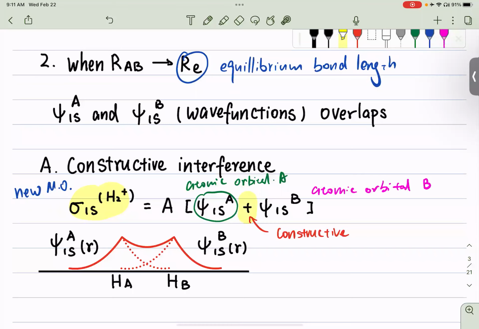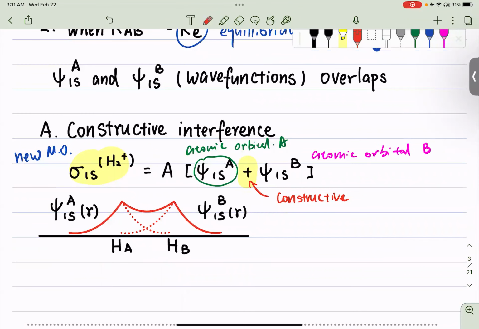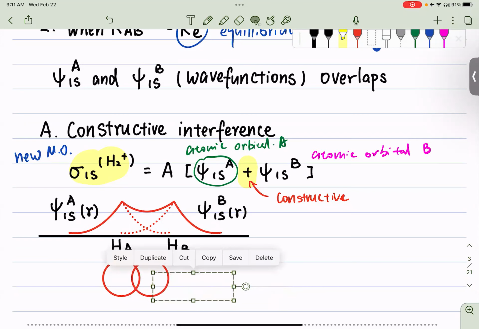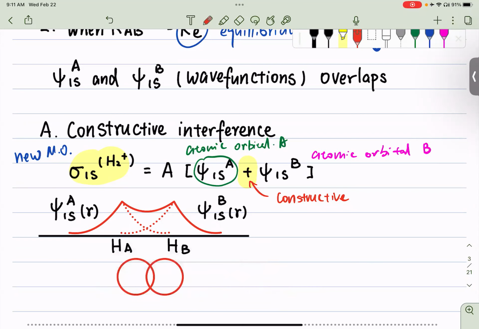So the consequence of this constructive interference, as you can imagine, is that the electron density, the probability density in between your two hydrogen atoms becomes big. Or if we draw it in the circle fashion, what we have are the two atomic orbitals of the same shade interfering with each other.